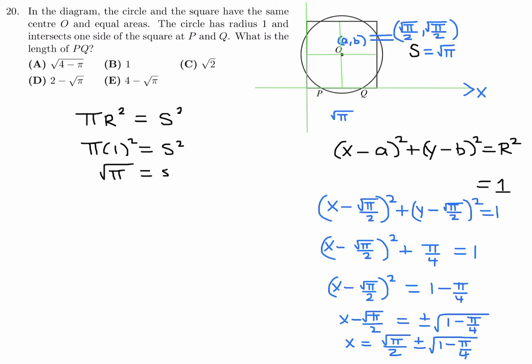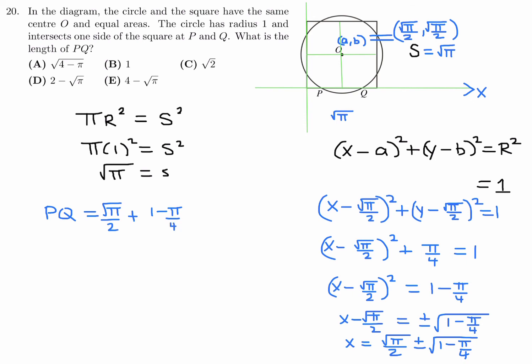So PQ will be the larger one first, and the larger one of those is root pi over 2 plus the square root of 1 minus pi over 4.